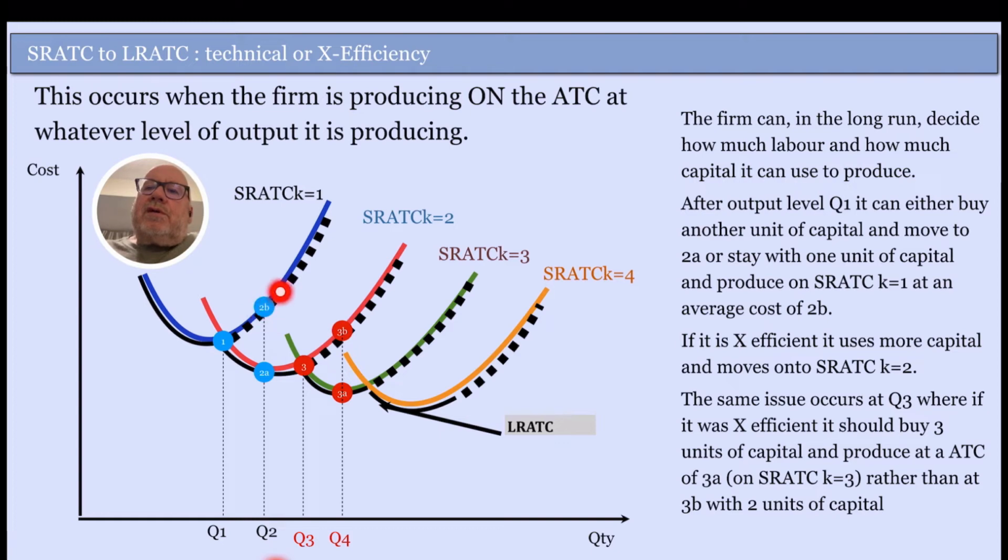In the short run, we have to move up here. But in the long run, what the firm can do is it could get a second unit of capital and move on to the red average total cost curve. So it could either keep 1 unit or employ 2 units by another one, and it moves down to here. Same at point 3. What are we going to do as a firm?